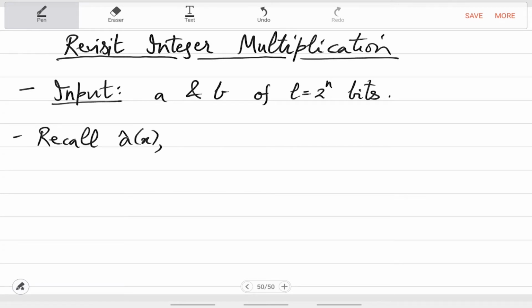A hat x, B hat x, they are polynomials of degree less than m.